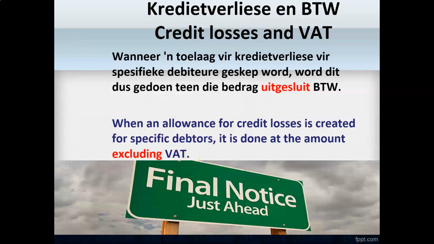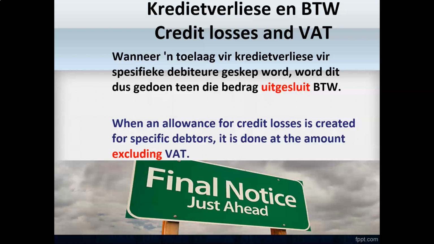If I'm going to apply a certain percentage on my outstanding debtors on an annual basis, I will say, okay, my total outstanding debt is, for argument's sake, 50,000 Rand. I have seen that over the last 10 years, 5% of outstanding debt is not collectible. So I'm going to take my outstanding debt of 50,000, I'm going to multiply it by 5%, and that gives me 2,500, and then I'm going to take out the VAT, divided by 1.15.